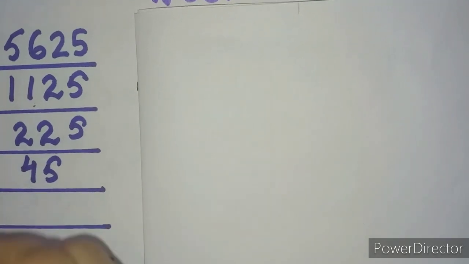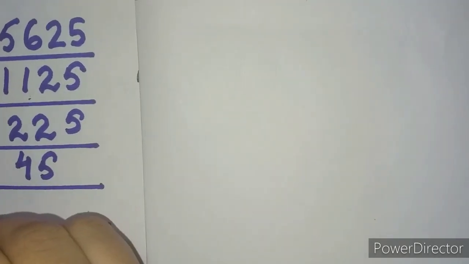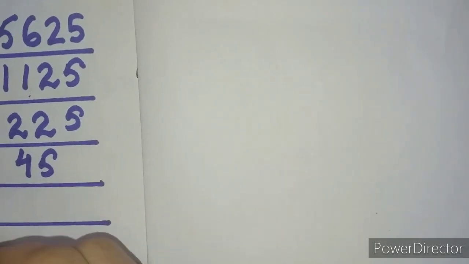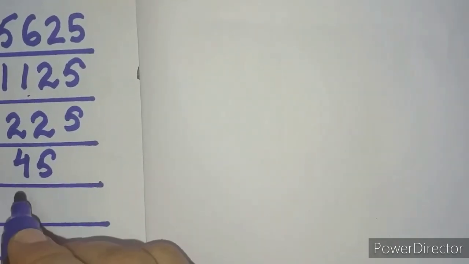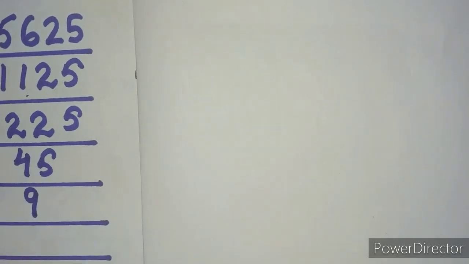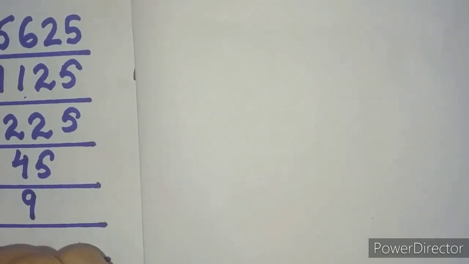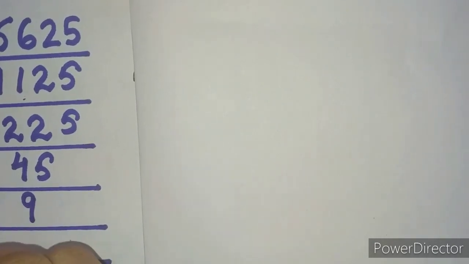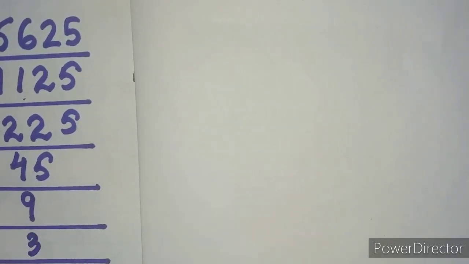Then again 5; here you have a choice, you can do it by 3 also, or you can divide directly by 5, both ways are correct. So I am dividing by 5 only. 5 nines are 45. Now we got 9, so clearly the next prime factor to be written here will be 3. 3 threes are 9, and 3 ones are 3.